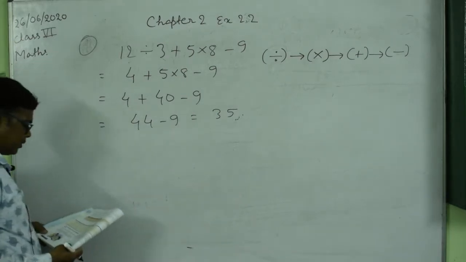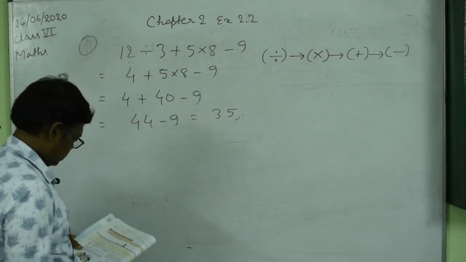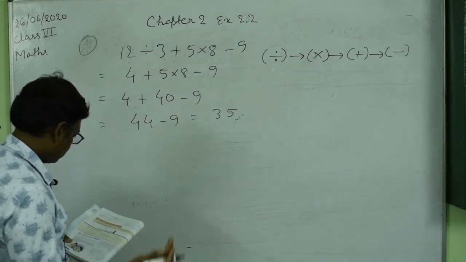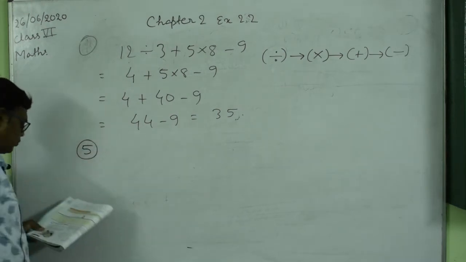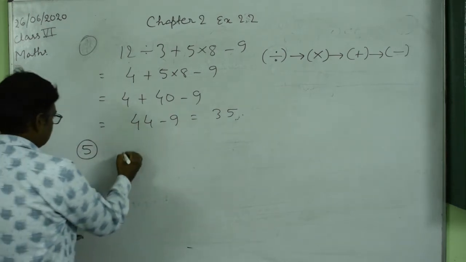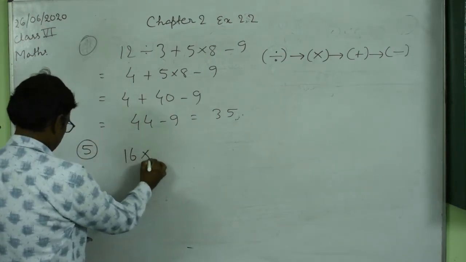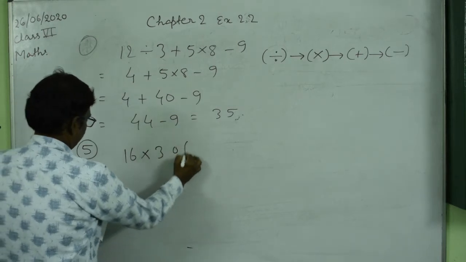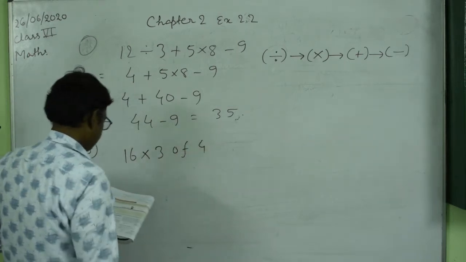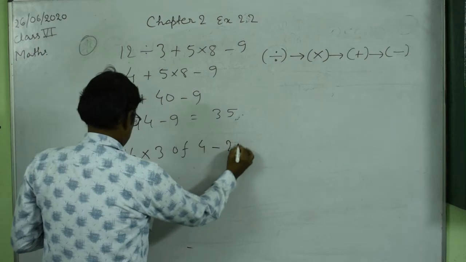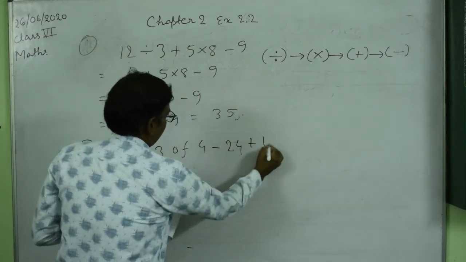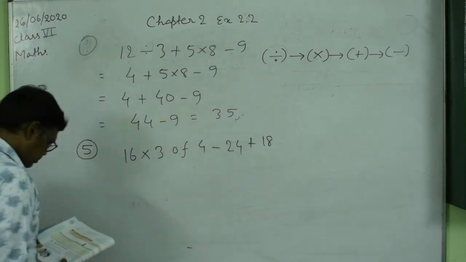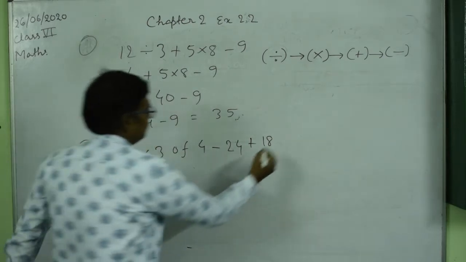Next, question number 5. Here you have 16 into 3 of 4 minus 24 plus 18 minus 9.